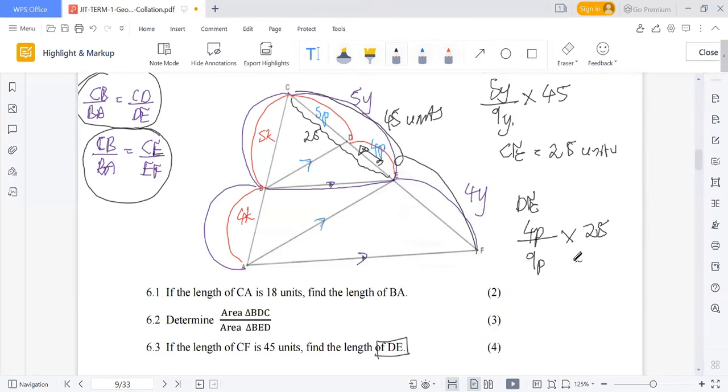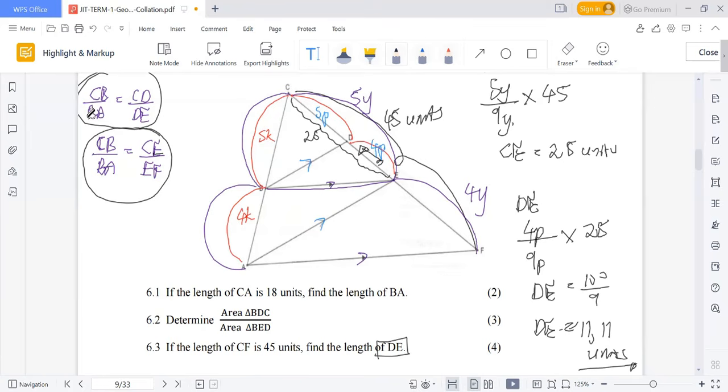Then this will give us 4 over 9 multiplied by 25, which should be DE, is equal to 100 over 9, which can be written in decimal form as 11.11 units. And that's how you calculate that.